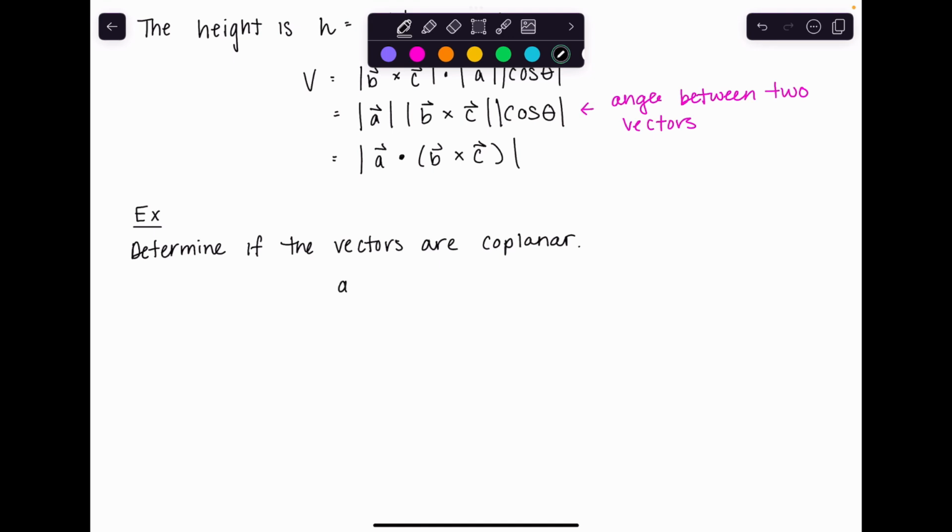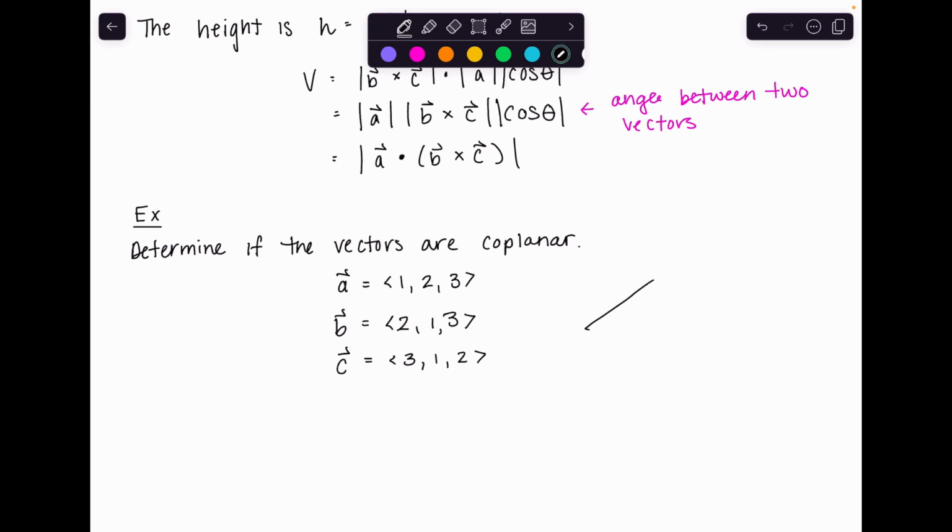The vectors we're given are A, which is 1, 2, 3, B, which is 2, 1, 3, and C, which is 3, 1, 2.